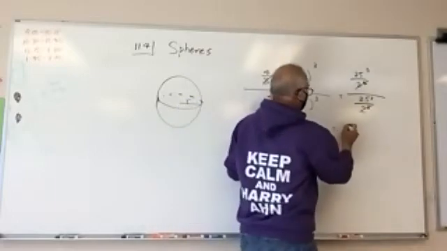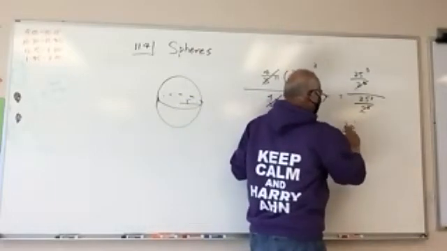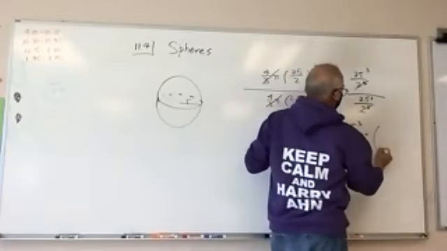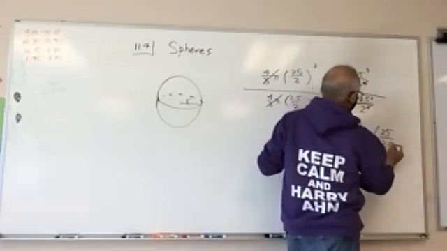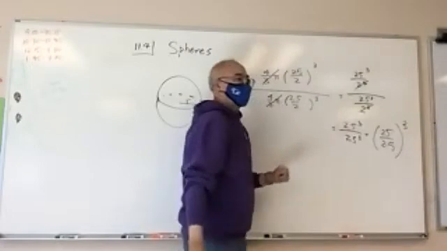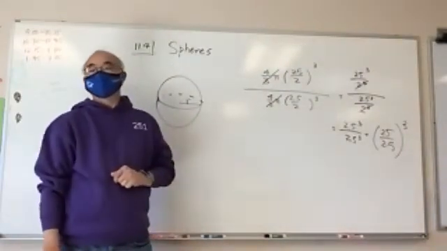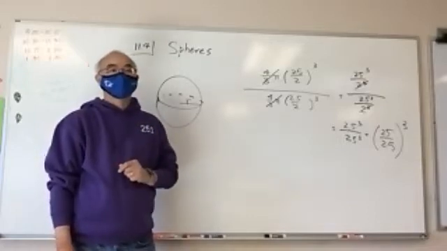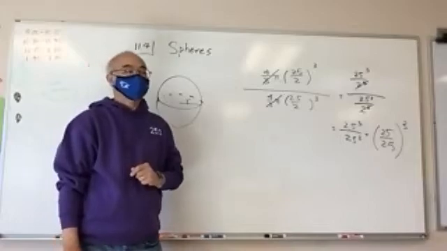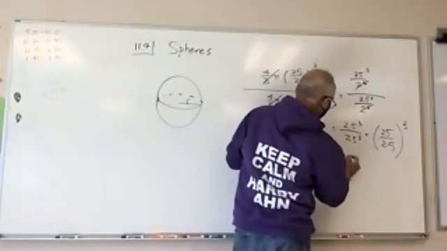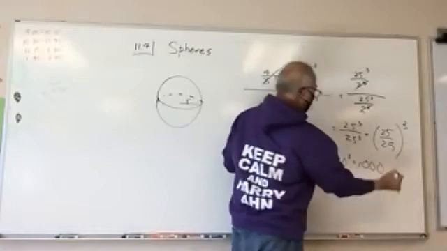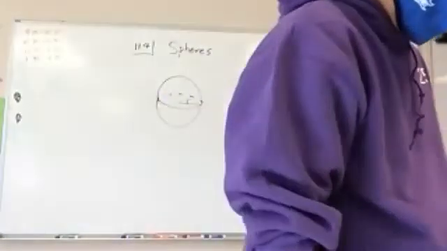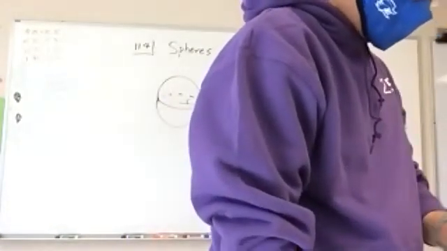I have 25 cubed over 2.5 cubed, which is the same as 25 divided by 2.5, cubed. What is 25 divided by 2.5? Spit it out. 10, right? So 10 cubed is 1,000 times. Okay, so there we go. That's that.